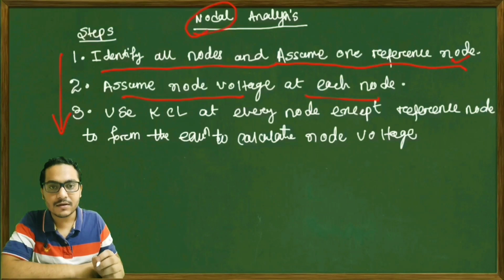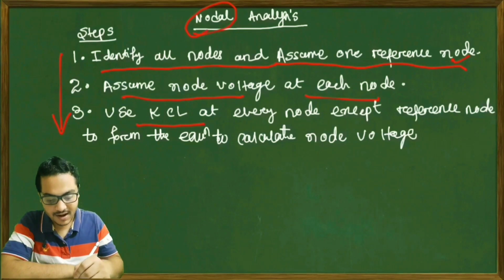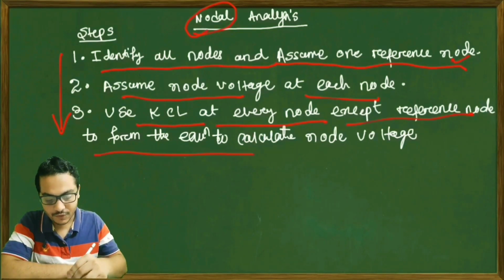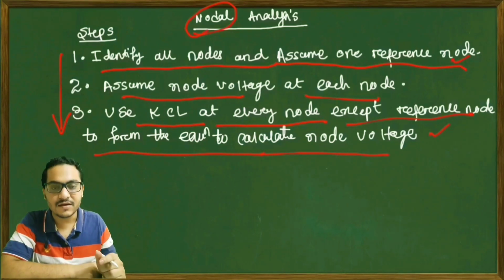After that, use KCL, Kirchhoff's current law, at every node except the reference node to form the equations and calculate the node voltage. Solving this system of equations, you get your desired node voltage value.